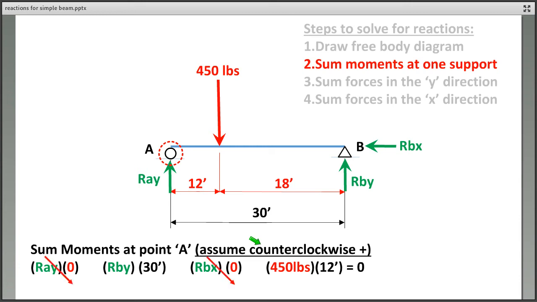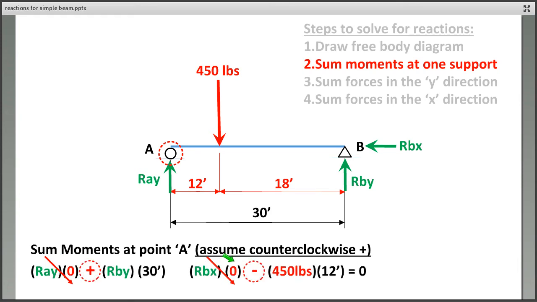So the first thing, we had said that these distances were 0, and since they're 0, they drop out. So they're going to go away. So let's look at the remaining vectors. This vector had not dropped out because it did have a distance. And if you imagine, if you put your finger at point A, because we're summing the moments at point A, and then look at this vector which is pushing up, hopefully you can visualize it's going to cause a rotation in that direction, which is counterclockwise.